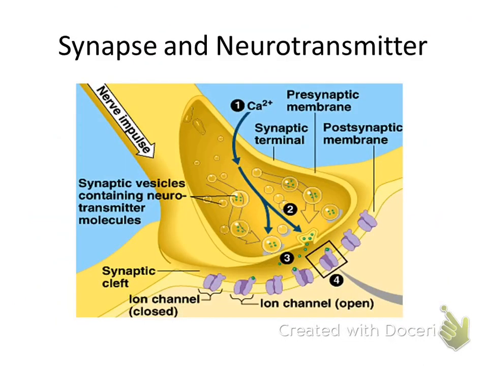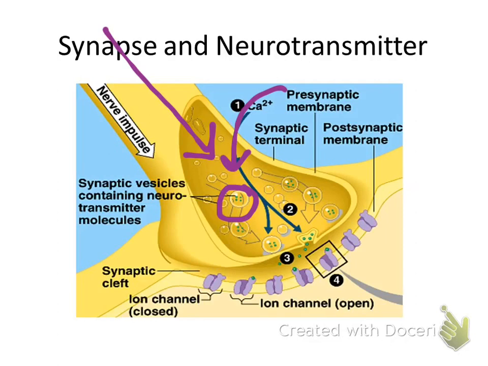Okay, so what happens at the end? Once the nerve impulse gets to the end of the neuron, and remember, the nerve impulse is like the charge, calcium is going to flood in and surround the vesicles of neurotransmitters. The neurotransmitter was already at the terminal of the axon.